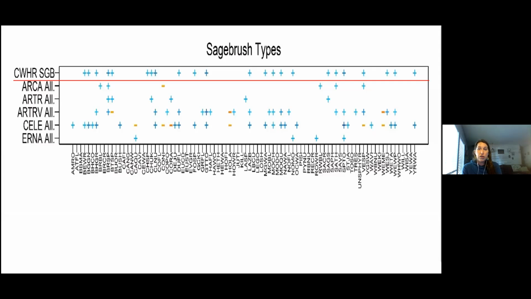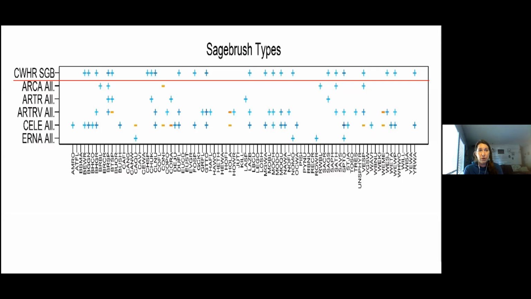So here's a chart showing the positive and negative relationships between bird species and the different sagebrush types. The CWHR is on the top, above the red line, and this is the conglomerate. And then the 5 alliances that are found in the MCV are below.